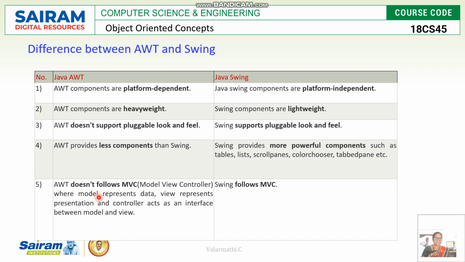There are some differences between AWT and Java Swing. AWT components are platform dependent, but Swing is not dependent on the platform. AWT components are called heavyweight, and Swing components are lightweight. AWT does not support the pluggable look and feel.